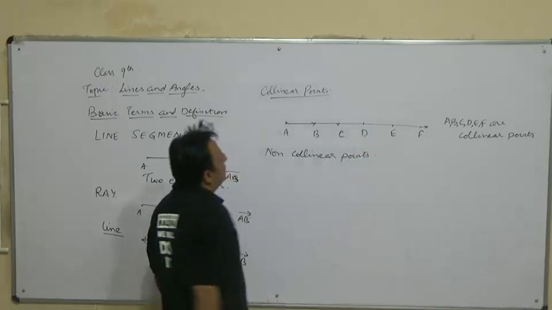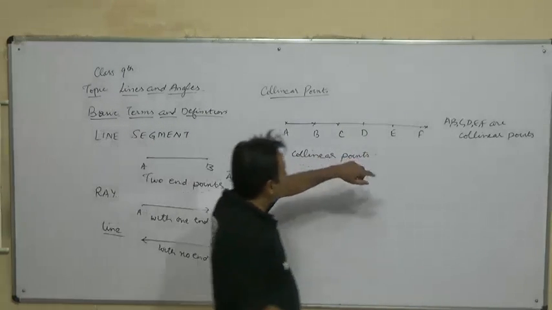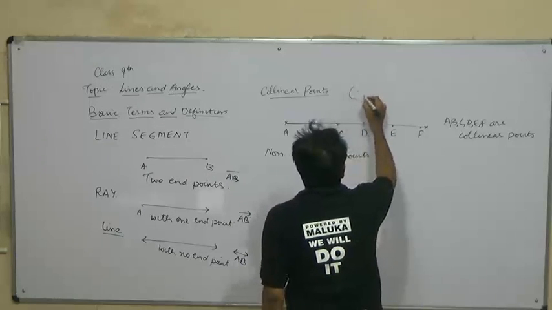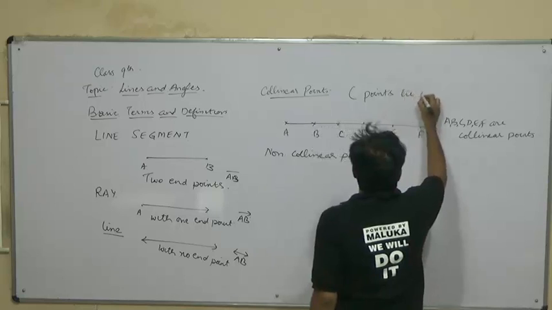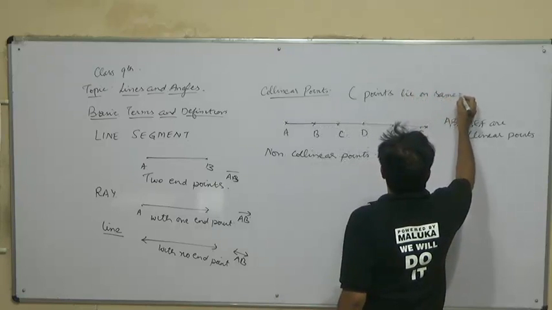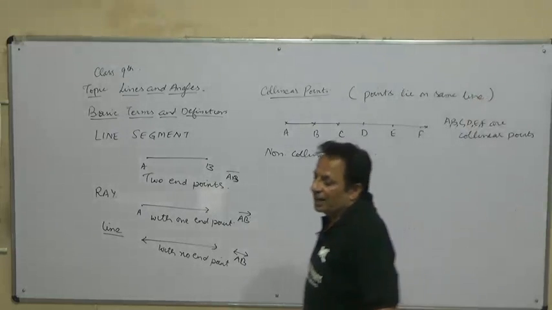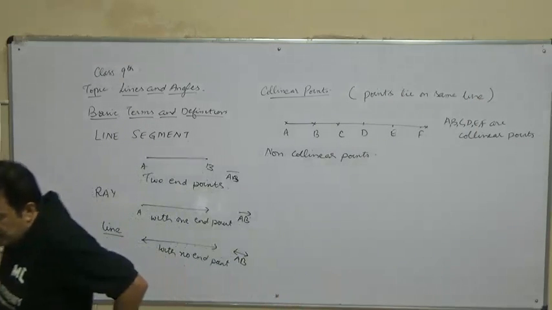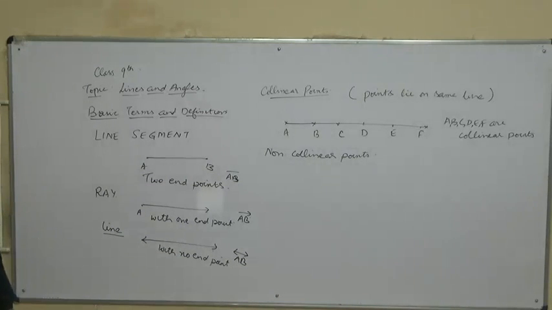So as we did, the points which lie on the same line are known as collinear points. Co means same, linear means line. Same line points are called collinear points. Then we have got non-collinear points.